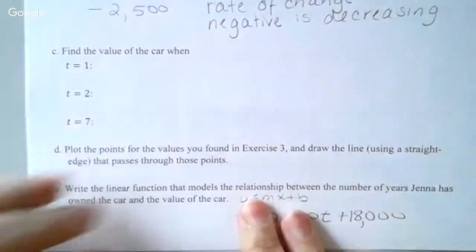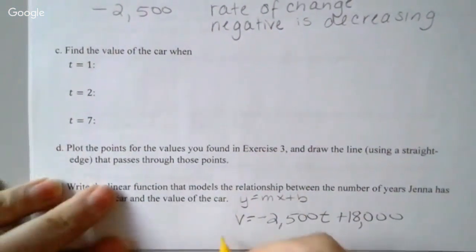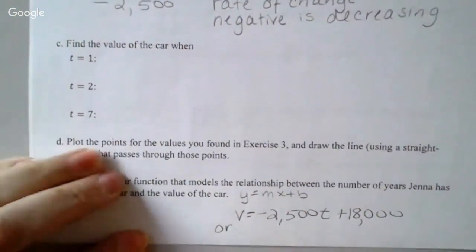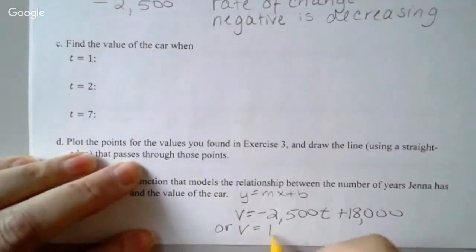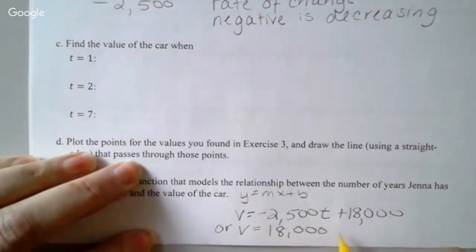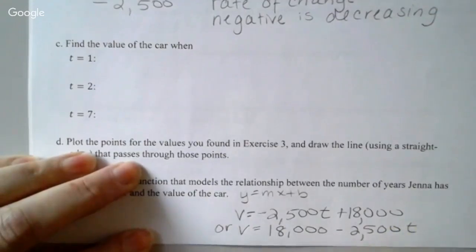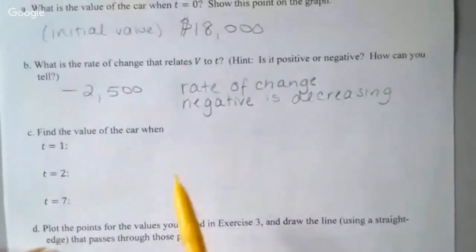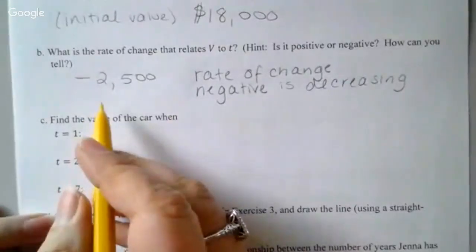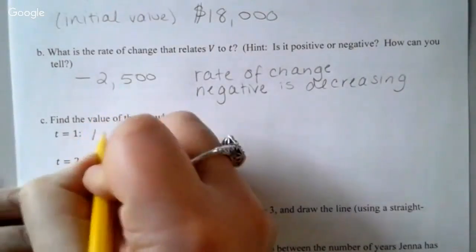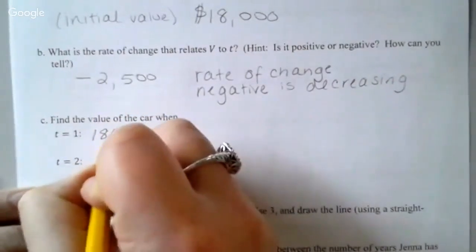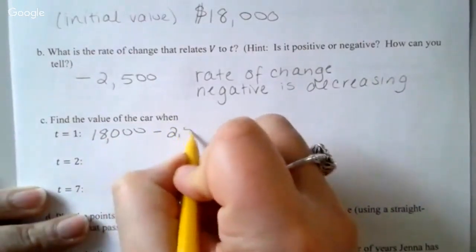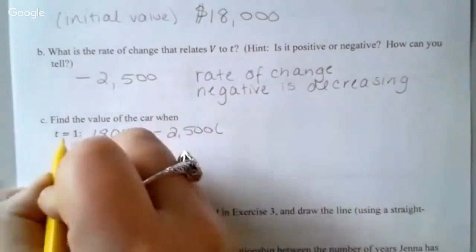18,000. Okay? Or some people might choose, because the slope is negative like that, to do v equals 18,000, and then you're subtracting 2,500 times t. Okay, it doesn't really matter. I think I'm going to use the second form just to show you something a little different. So we have 18,000, and we're going to subtract 2,500 times t, which is 1.